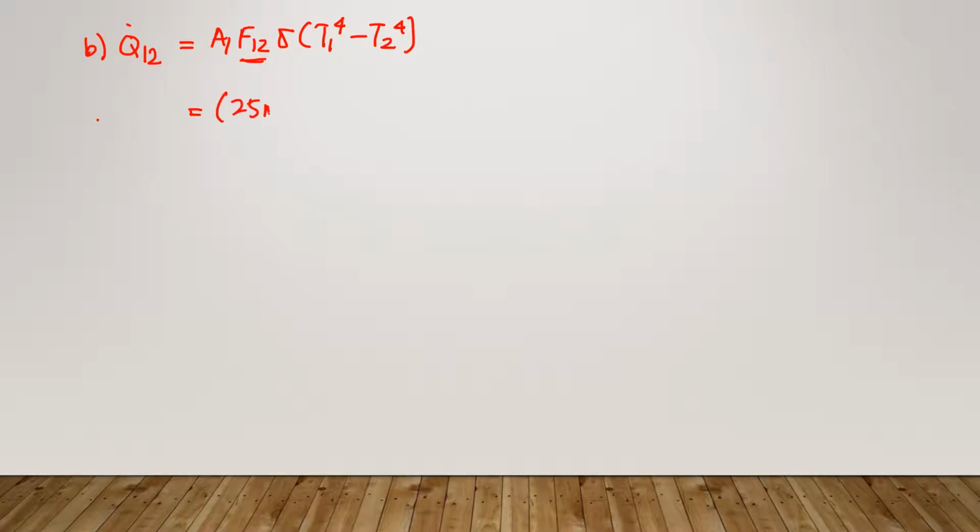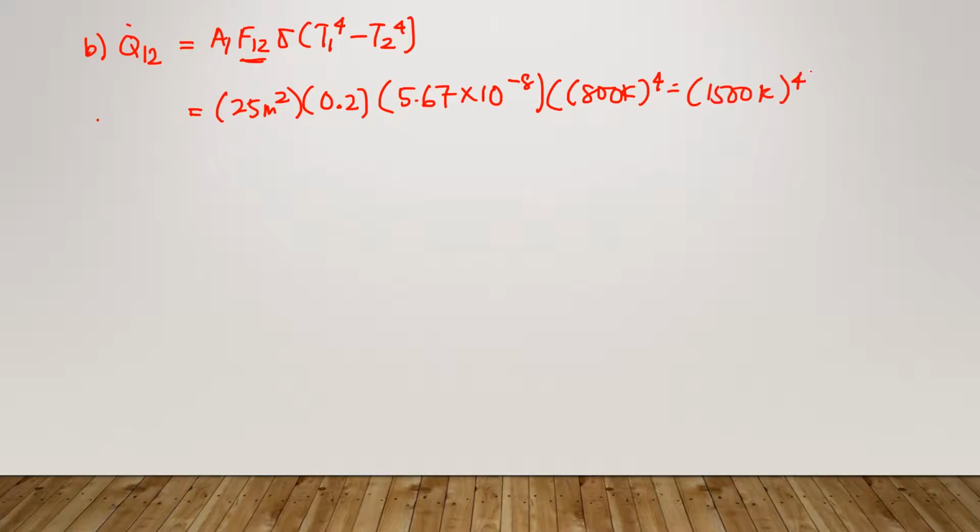Okay, 25 meter square times F12 is 0.2, Stefan-Boltzmann 5.67 times 10 to the power of minus 8, and times temperature 1 is 800 Kelvin to the power of 4 minus 1500 Kelvin to the power of 4. Okay, so you will get the value of about negative 1319 kilowatt.